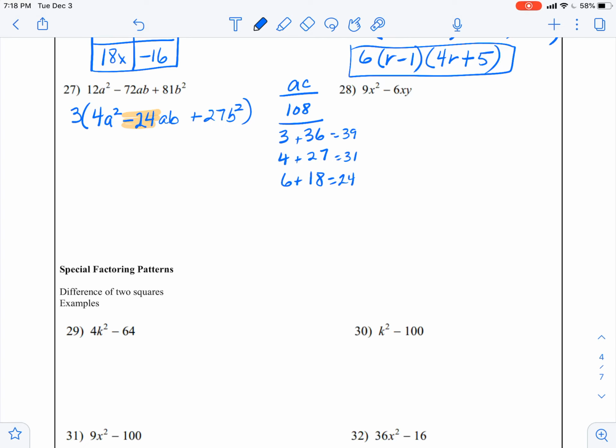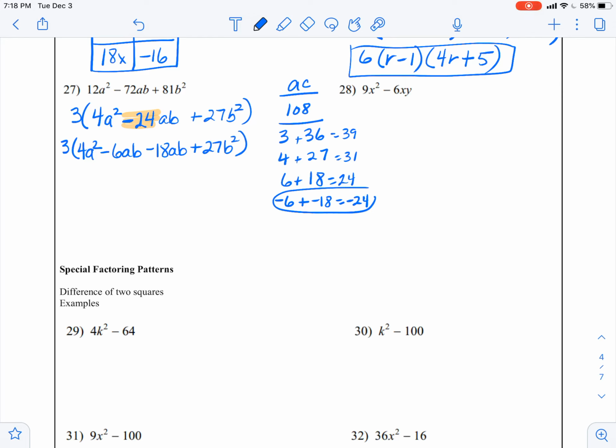Now, here's the look. It's a negative 24, so that means I need to use the negative 6 and the negative 18 to get the negative 24. So don't forget that piece. There's my number. And now we're just going to do our substitution. Okay?